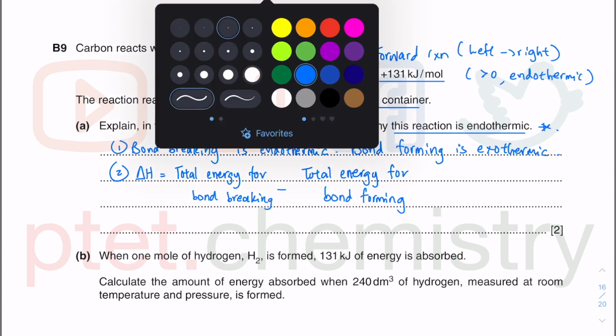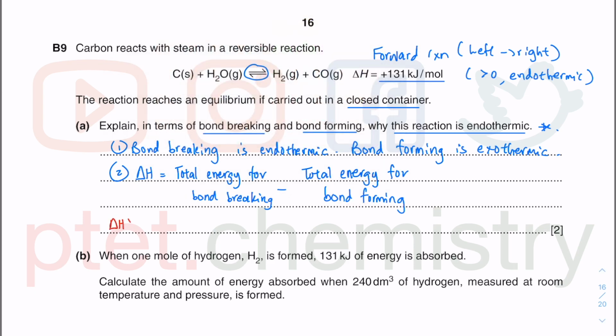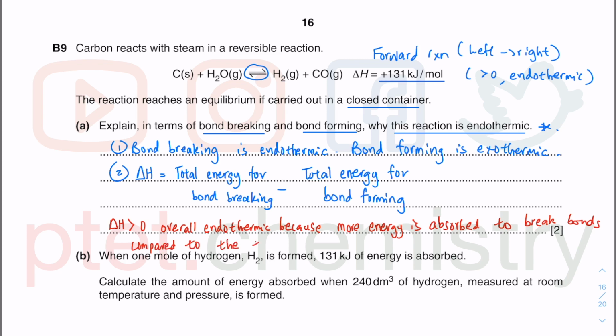Okay, well, you just have to put it into words now. Delta H is greater than 0, overall endothermic. And the reason for it is because more energy is absorbed to break bond, compared to, or relative to, the total energy released when you form bond.